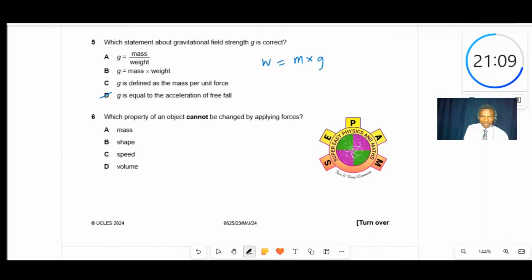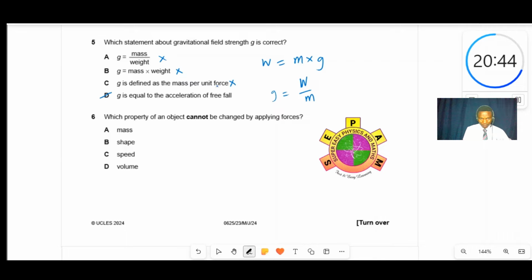So gravitational field strength is the weight per unit mass. So this is wrong, this is wrong, this is wrong. It is the other way around. It's weight per unit mass, not mass per unit force.